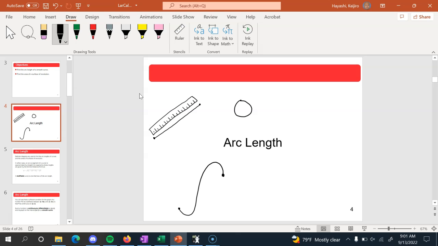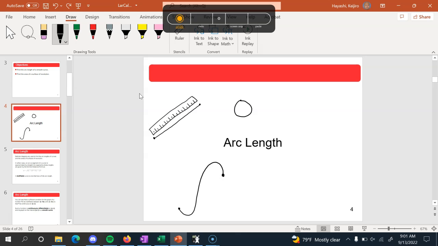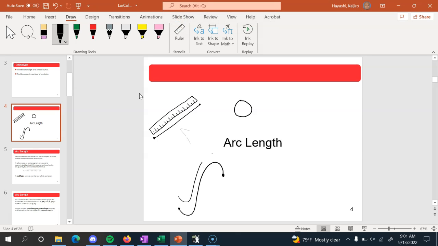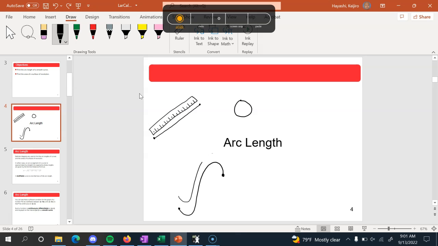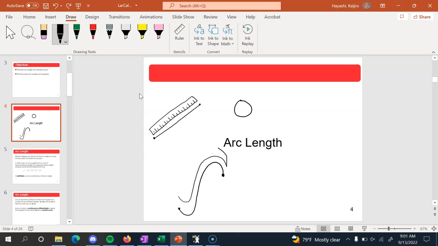I guess you could probably tell that it's definitely longer than if you just went in a straight line from the starting point to the end point, but that's not a whole lot of information. And it's not like you can really take a ruler and just bend it a bunch until you can use it to measure a curve. So there's going to have to be a different way to do this.